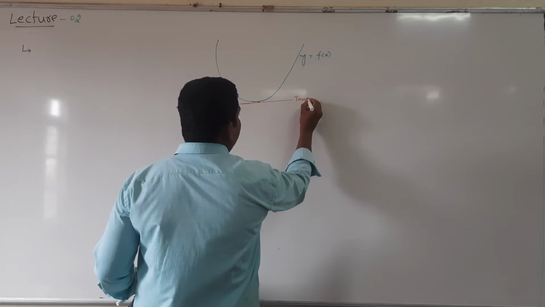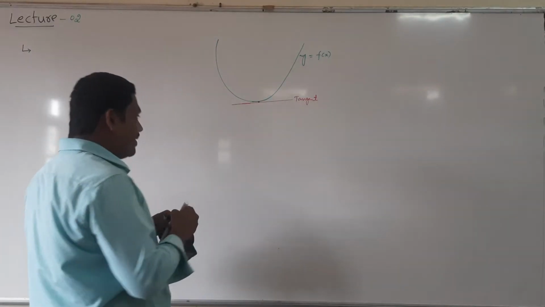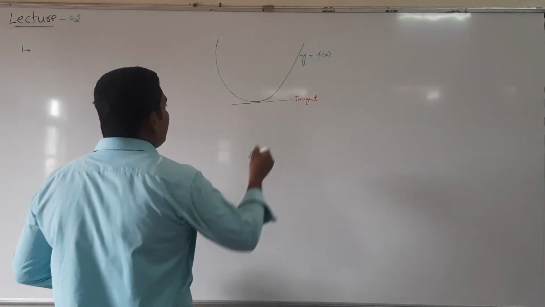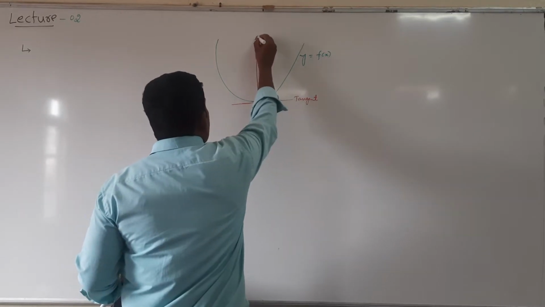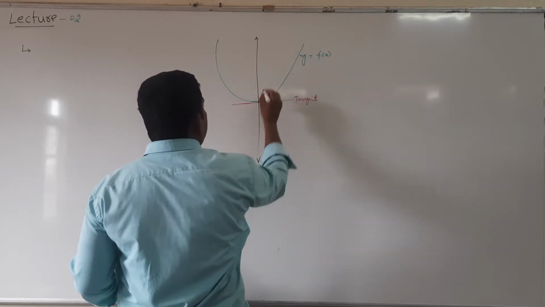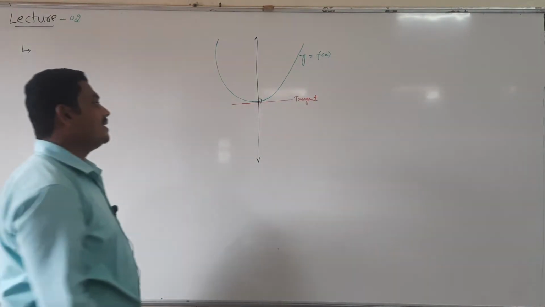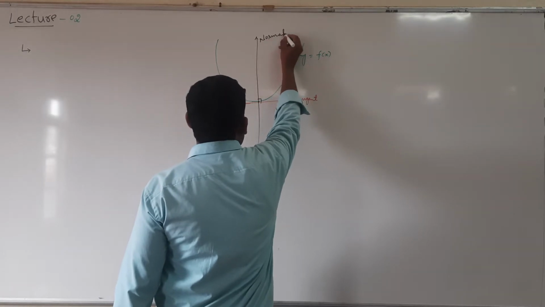This is our tangent line, and already you know what is normal. What is a normal line? Normal is perpendicular to tangent. This is the normal line, right?